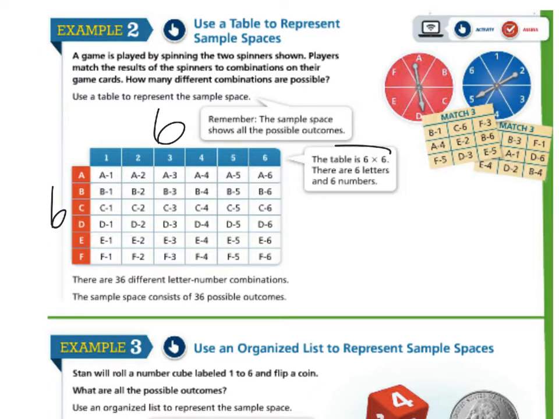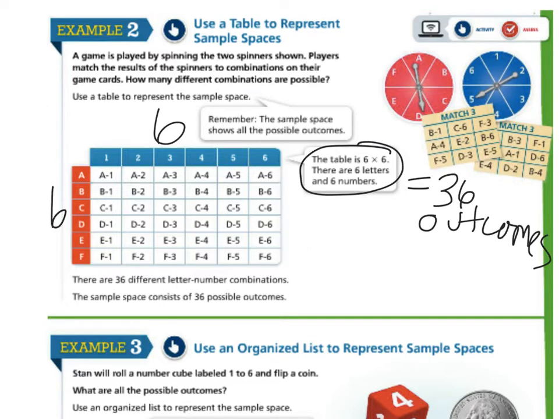So the table ends up being a 6 by 6 table, or 36 possible outcomes. You can use this table to identify the probability of a certain number or letter combination out of those 36 possible outcomes, and we'll be doing that in the next lesson.